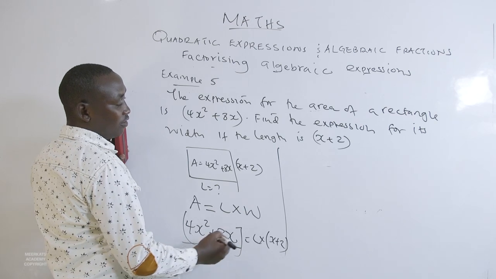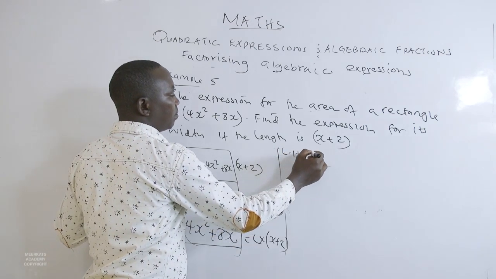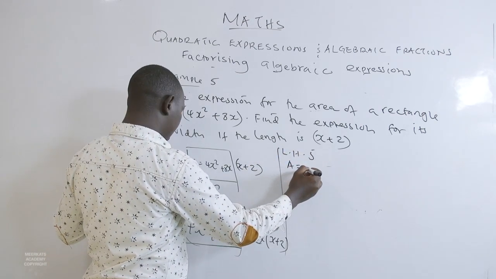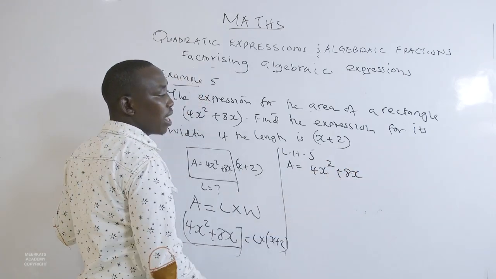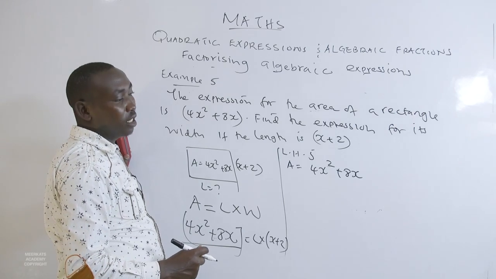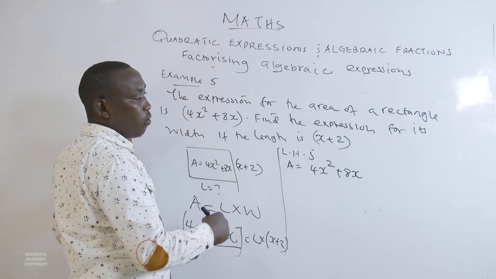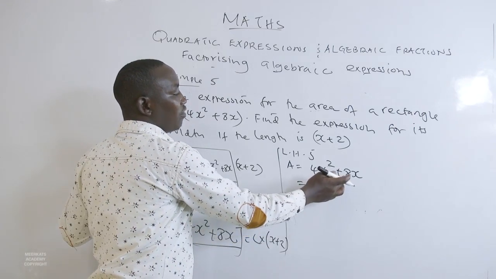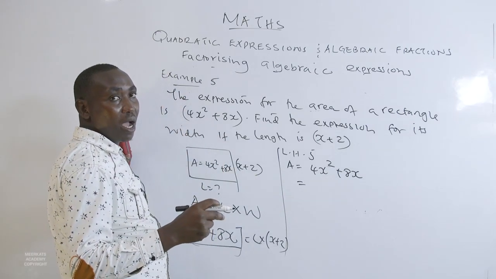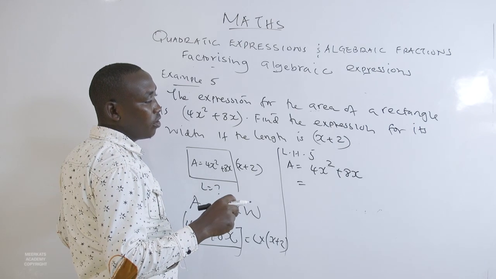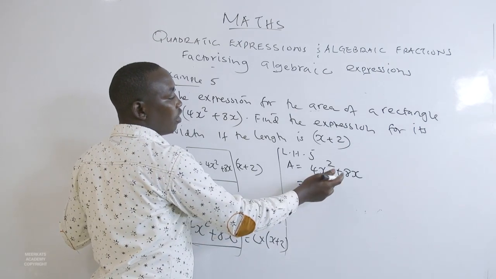Let us consider the left hand side, where area is equal to 4x squared plus 8x, and try to factorize this particular expression. When we factorize it, you'll discover that the highest common factor is going to be a number and a pronumeral, and that is 4x.